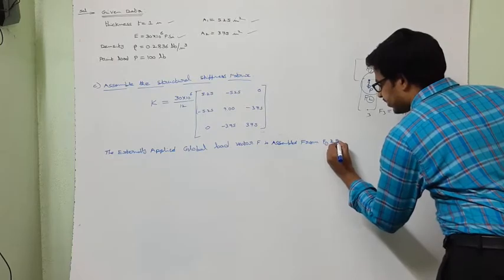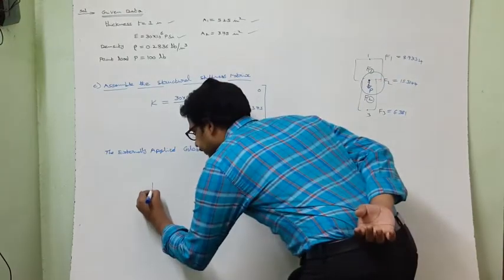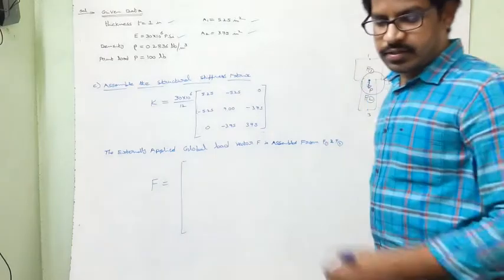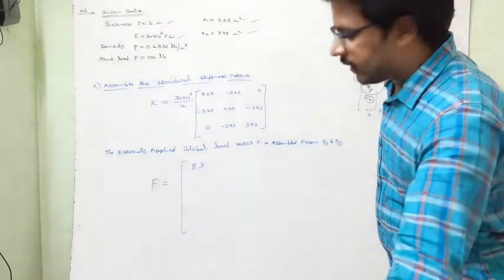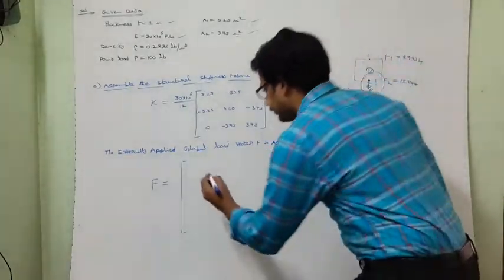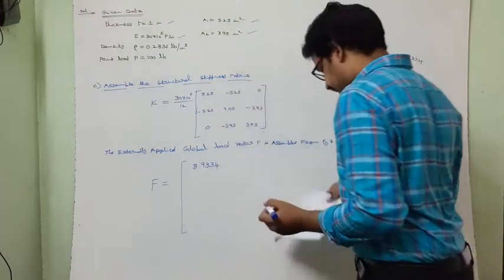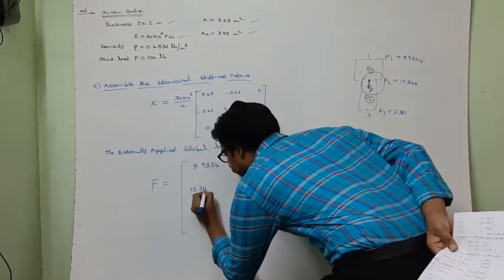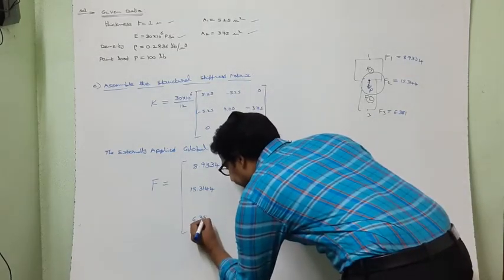So what are the F values in the previous one? 8.9334, the second one 15.3144, and the third one 6.381.